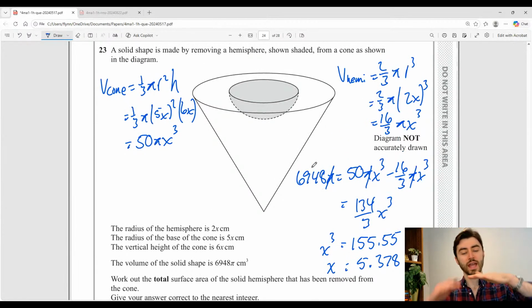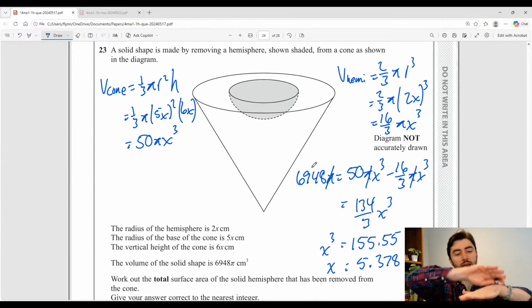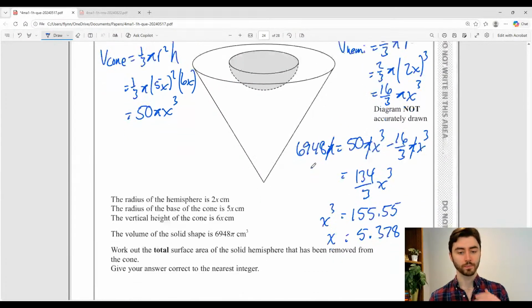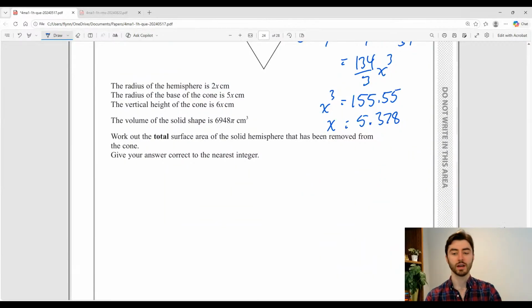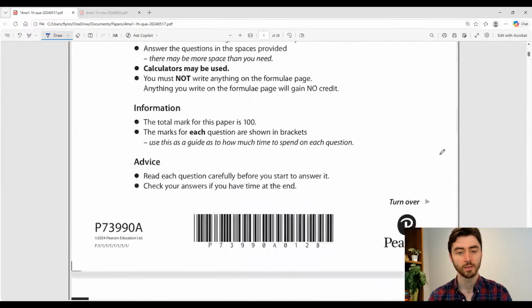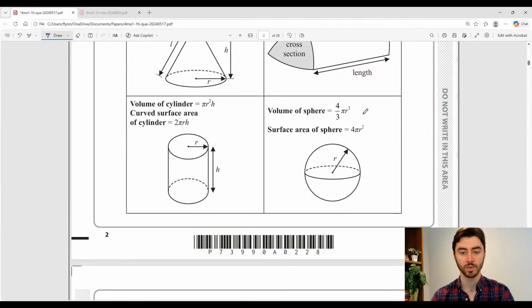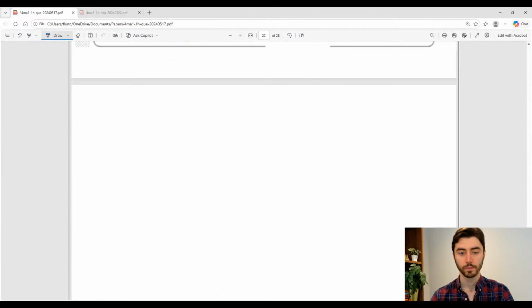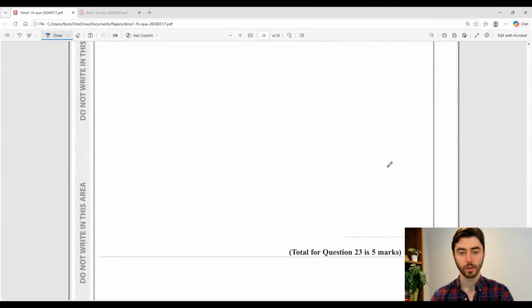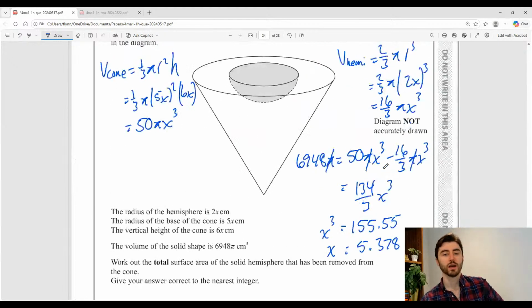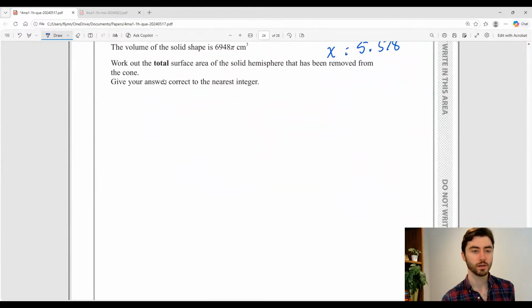So now we want to work out the total surface area of the solid hemisphere that has been removed. So that will be the area of the circular base and the curved area. So I know the curved area of a sphere, if I go back to the formula sheet, would be 4 pi r squared. And so half of that for a hemisphere.